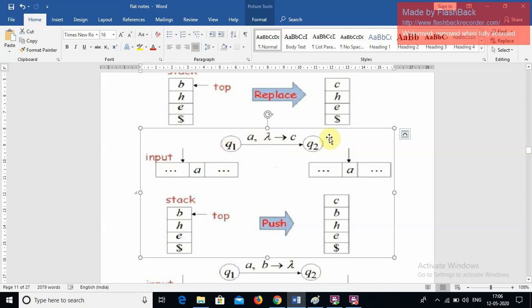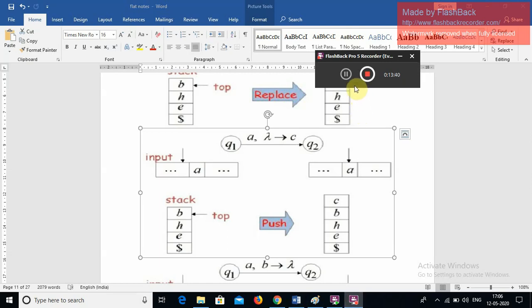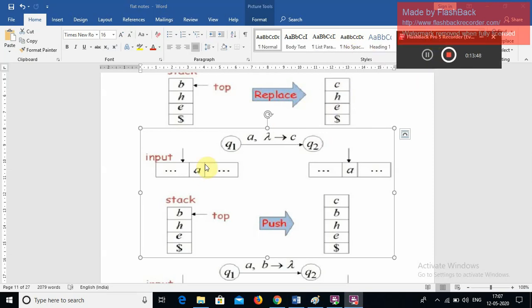So from Q1 to Q2, if you define A comma, so here Q1 to Q2, A lambda to C. So lambda is nothing but a null, epsilon, cap, like that.